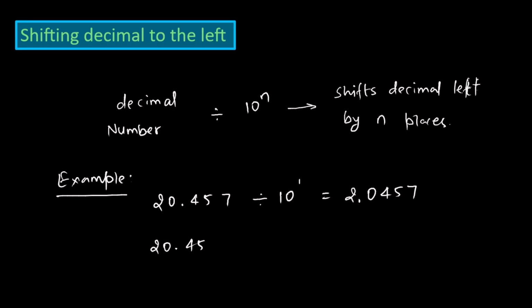Similarly, if we divide 20.457 by 10 to the power 2, our decimal will shift two places to the left, giving us 0.20457. With this information, let's move to the main topic of this video.